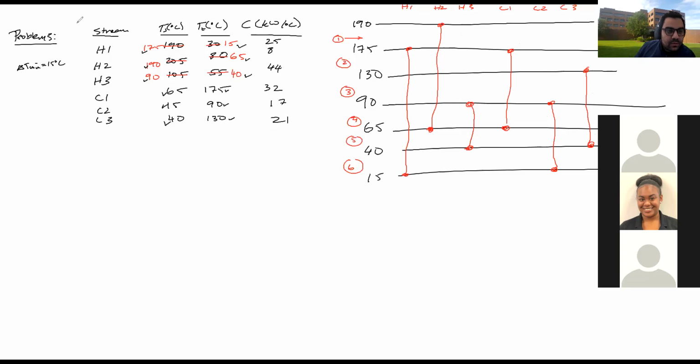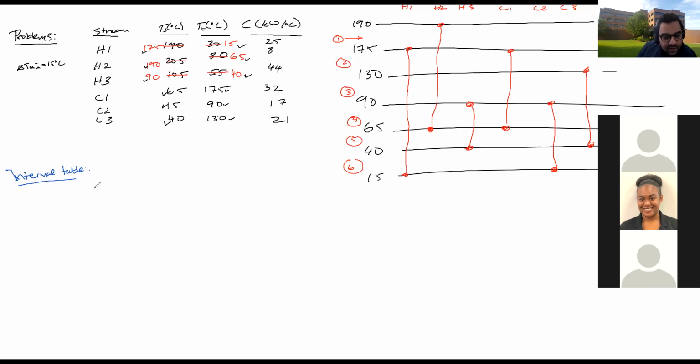So now let's build our interval table, right? Here we go.